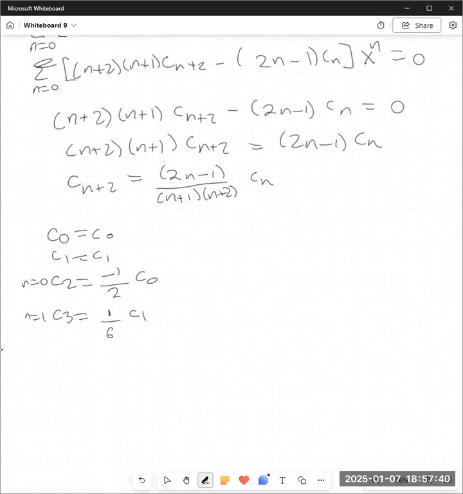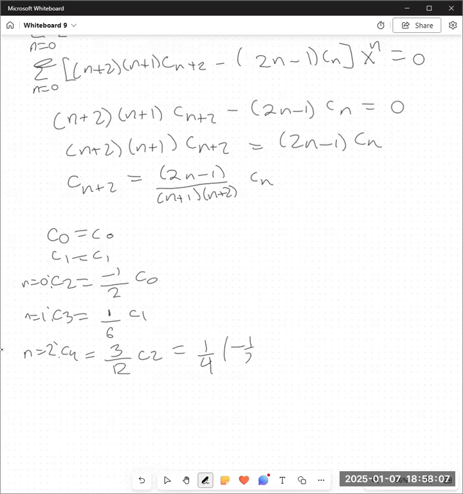When n equals 2, C4 is equal to 4 minus 1 is 3 over 3 times 4 is 12, C2, so that is 1/4 of negative 1/2 C0, which is negative 1/8 C0.